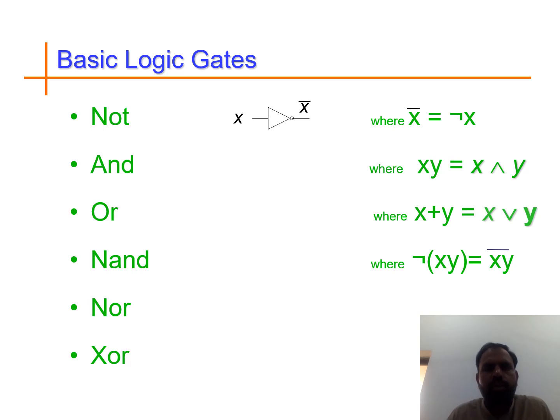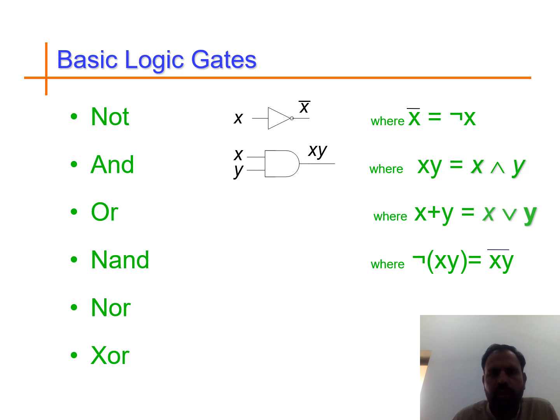This is for the basic logic gates. For NOT, x implies x bar, the negation of x. For AND, xy is equivalent to x and y.